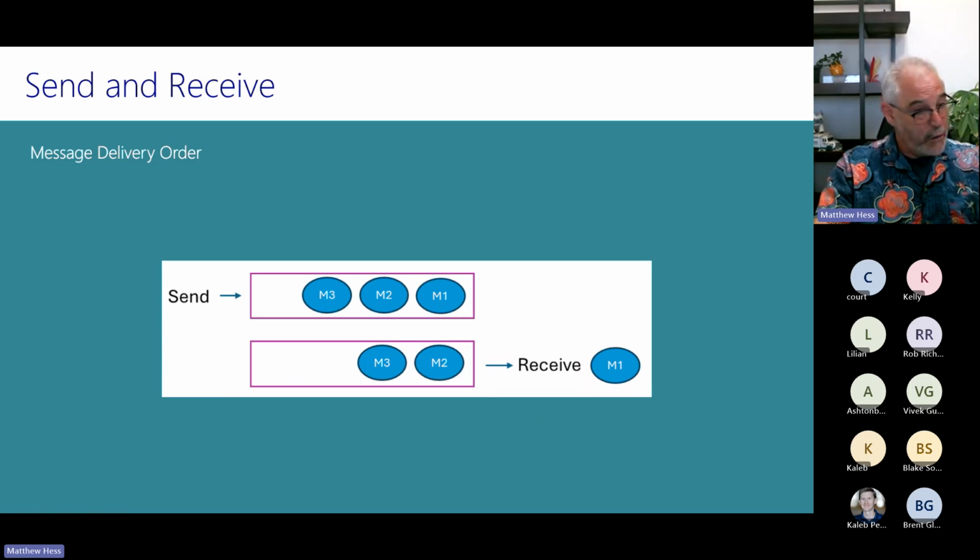A queue is a first in, first out data structure, right? FIFO. So if you send 3 messages and somebody receives one, they're going to get the first one. The first one in is the first one out. So just keep that in mind. Queues are FIFO. It's pretty straightforward, but sometimes people do have a question about that.